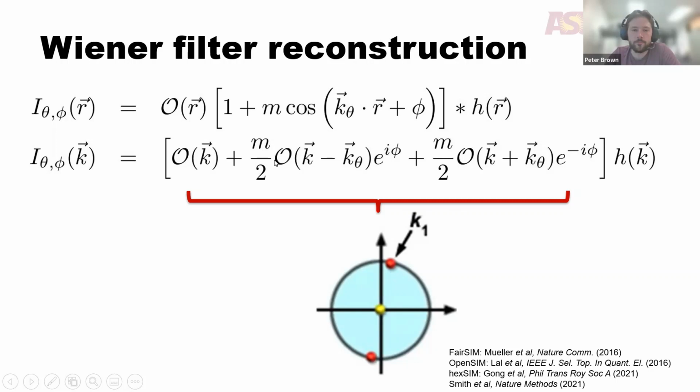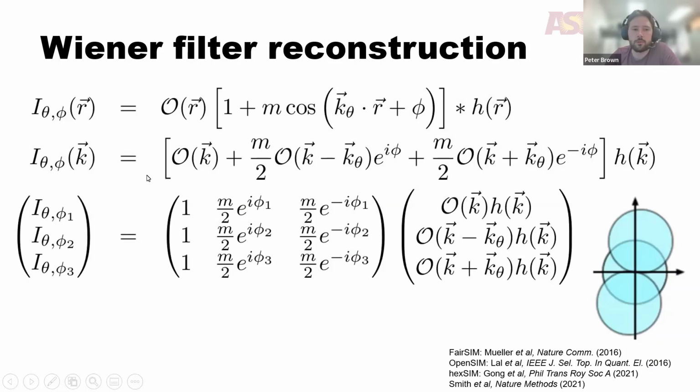We have a term that's proportional to the frequency spectrum of the object, but shifted one way by the SIM frequency multiplied by the SIM phase, and another term that's essentially the complex conjugate of that term. That's the object shifted in the other way by the SIM frequency. And then this is multiplied by our optical transfer function, which performs the band limiting, as we've discussed.